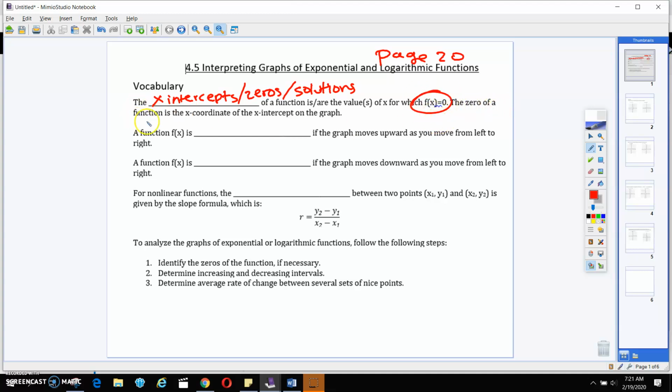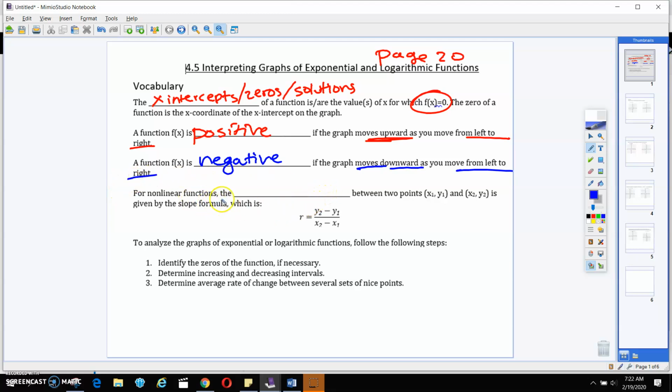The zero of a function is the x-coordinate of the x-intercept of the graph. A function f of x is positive if the graph moves upward as you move left to right. A function f of x is negative if the graph moves downward as you move from left to right.